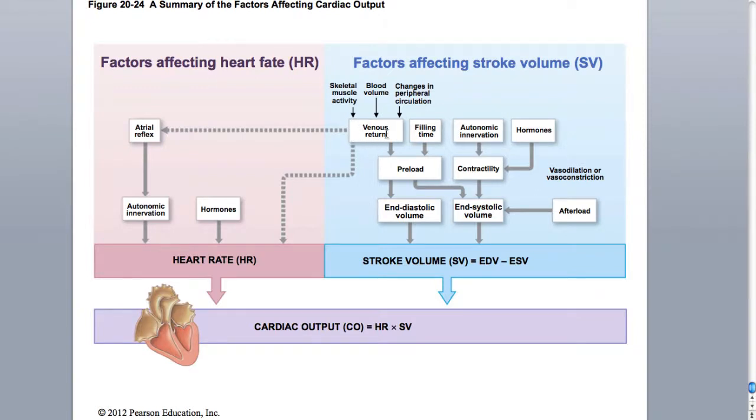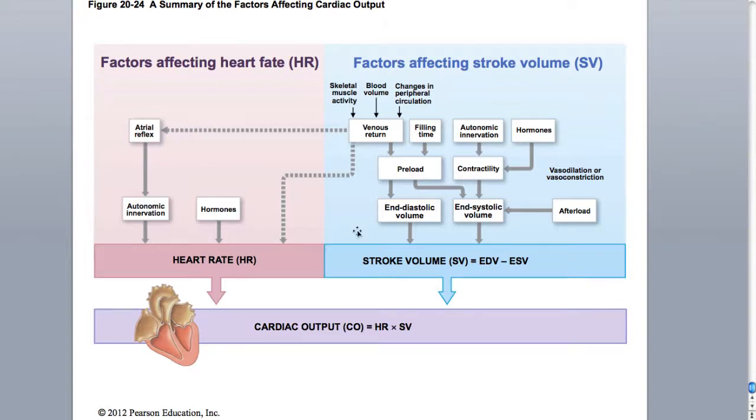If I have less venous return coming back to the heart, that means I'm going to have less blood in the ventricle when the atria pump to the ventricle. So my preload will drop. If my preload drops, what will happen to my end diastolic volume? It will drop. If my end diastolic volume drops, my stroke volume will drop. That means I will have less blood coming out of the heart because I am a couch potato.